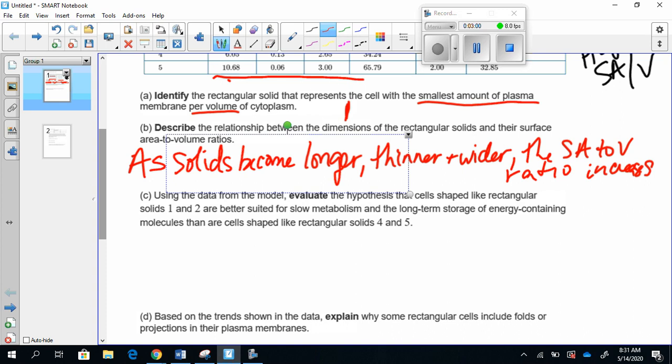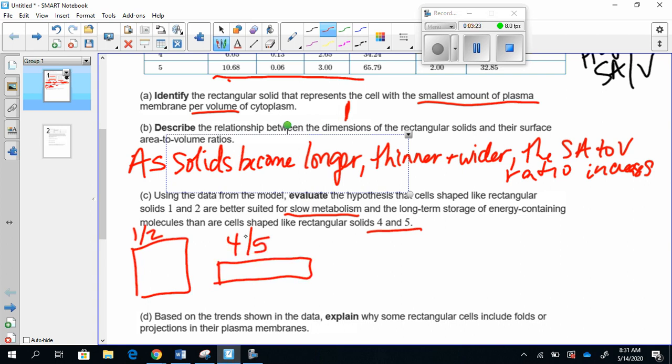C, using the data from the model, evaluate the hypothesis that cells shaped like rectangular solids 1 and 2 are better suited for slow metabolism and long-term storage of energy containing molecules than 4 and 5. Okay, so if I have a 1 or a 2 versus a 4 or a 5, this would be better for storage because it doesn't allow diffusion as quickly.